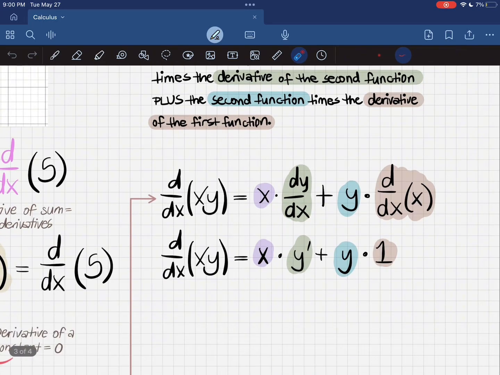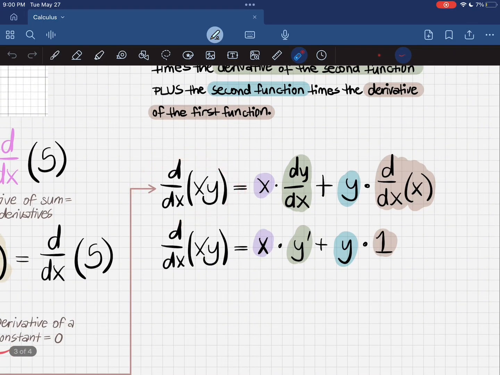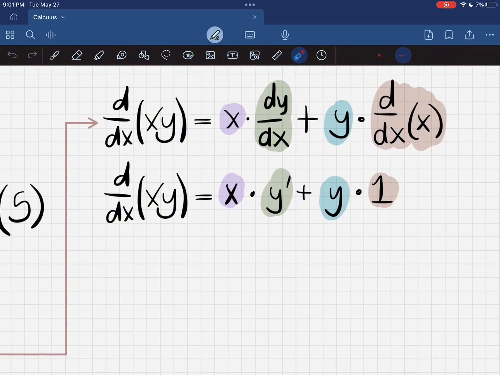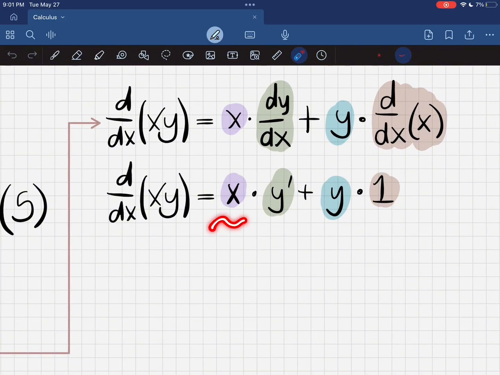So for the derivative of x times y, we would do the first function, which is x, times the derivative of the second function, which is dy over dx, plus the second function, or y, times the derivative of the first function, which is the derivative with respect to x of x. Simplifying this a little more, that gives us x times y prime plus y times 1, because the derivative of x is always just 1.